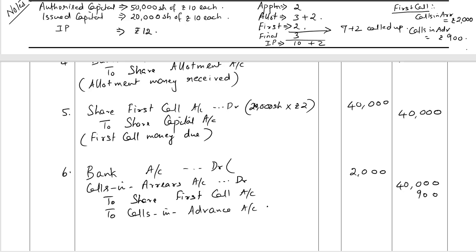And the amount received at the time of the first call is the amount due, which is 40,000 rupees, minus 2,000 rupees, the calls in arrears which we did not receive, and plus 900 rupees for the calls in advance, the amount pertaining to the final call received at the time of the first call itself. So the final amount, 38,900 rupees.